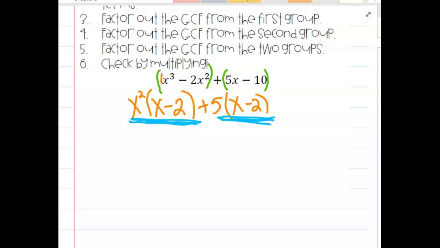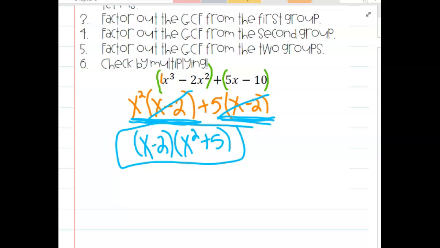Really what you're going to do is write down what they have in common. They both have the x minus 2. Now when you factor out the x minus 2, it kind of goes away. So we're going to open a set of parentheses and write what's left. So when I factor out the x minus 2, I have x squared plus 5.